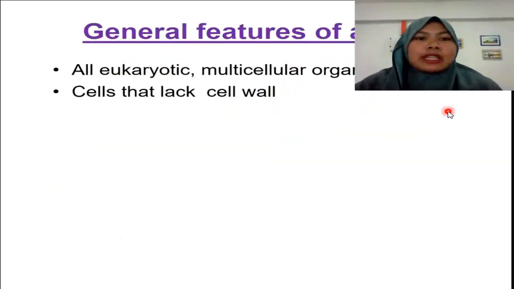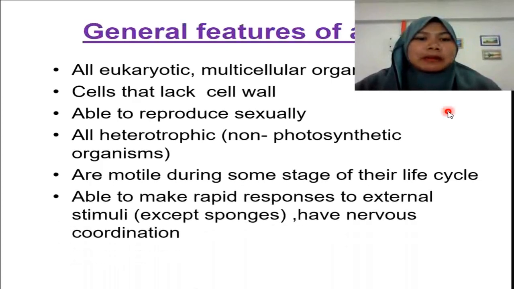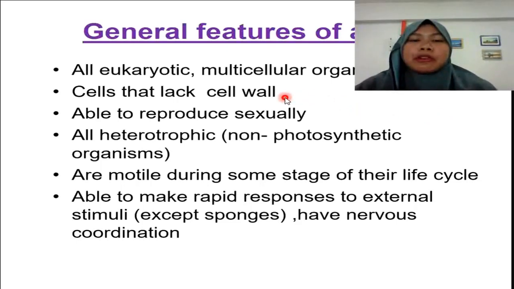Now we go to the general features of animals. Basically all animals are eukaryotes, multicellular organisms, and since they are animals, they lack a cell wall and are able to reproduce sexually. All animals are heterotrophic, meaning they cannot make food on their own. Some animals are motile during some stages of their life cycle.